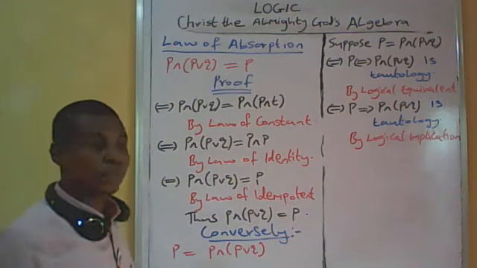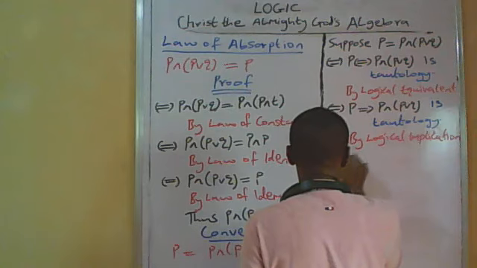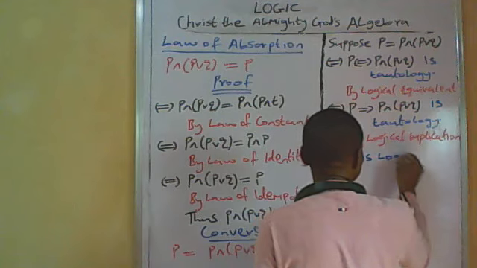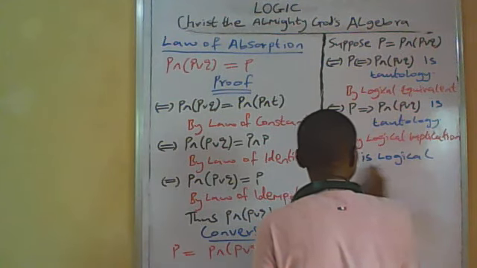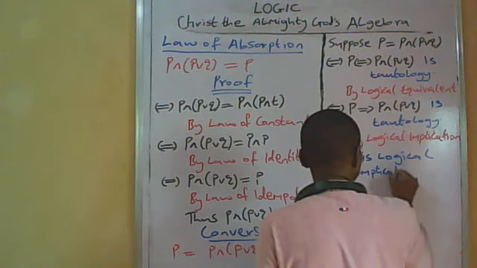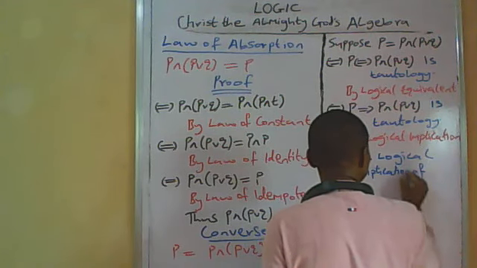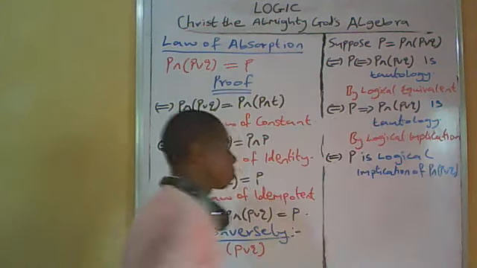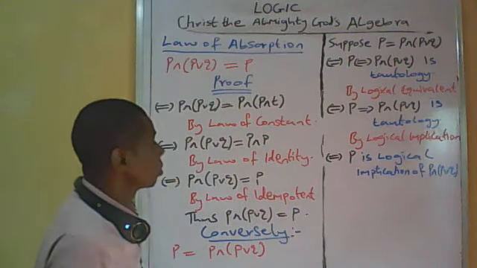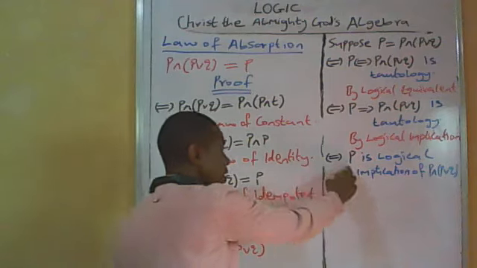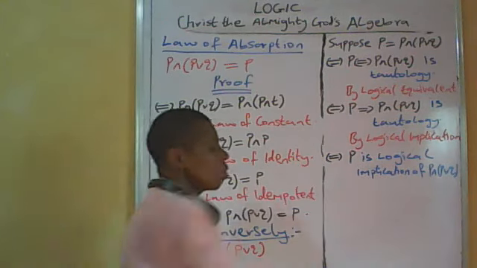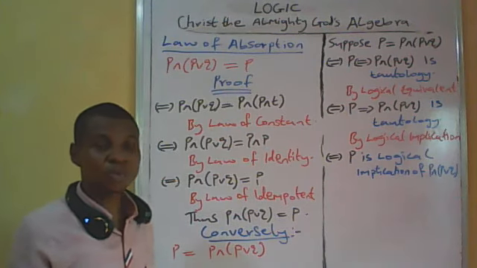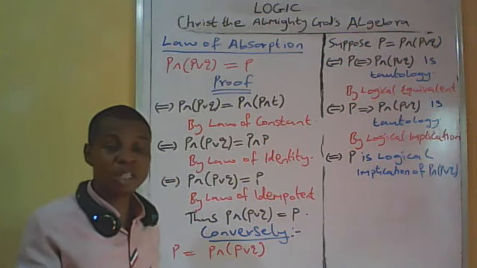So if and only if P is a logical implication of P and bracket P or Q. Now we have derived that P is a logical implication of P and bracket P or Q. That means the consequent follows from the antecedent through the principle of logical implication.